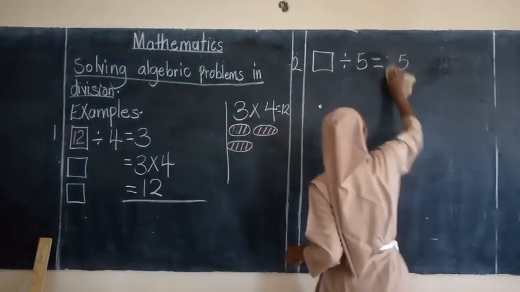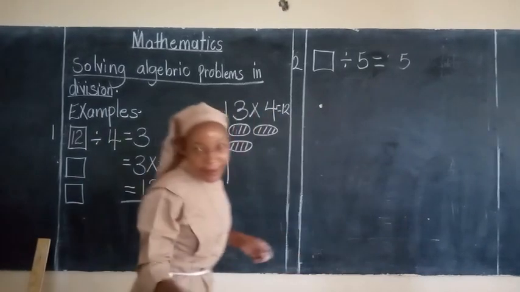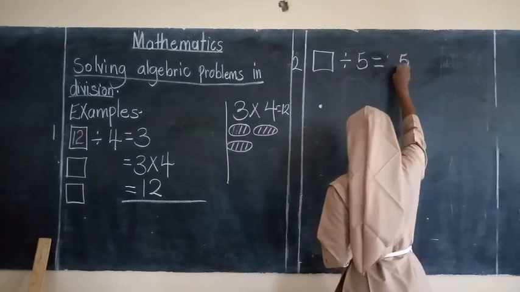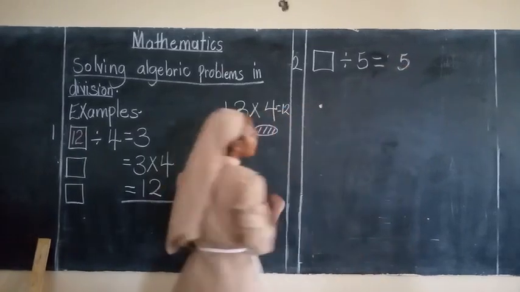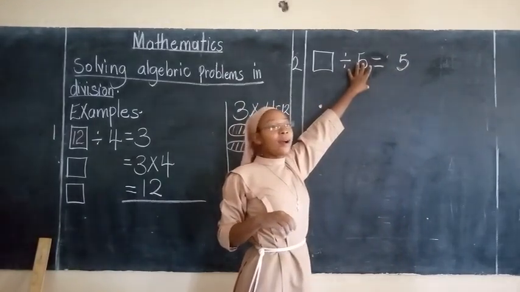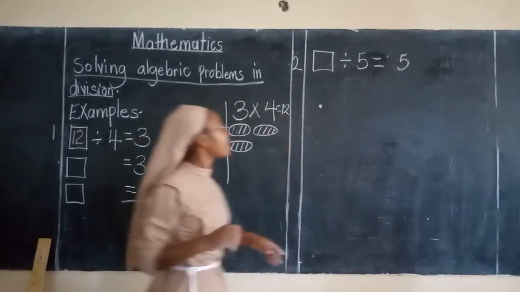It's box divided by 5 equals 5. Box divided by 5 equals 5. Let's use this as our example.